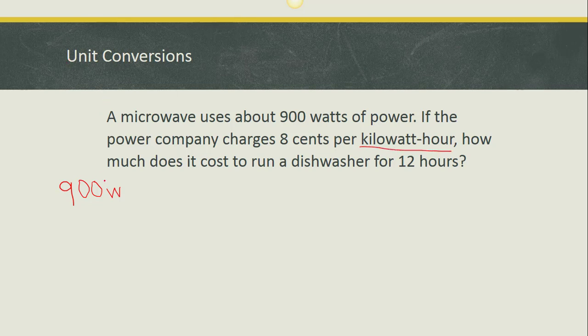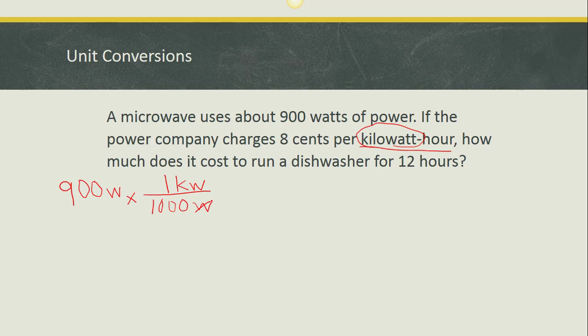So we know we need to change this watts into kilowatts somehow. So let's start with that step. I'm going to do times 1 kilowatt. Now the K, kilo, is 1,000, equals 1,000 watts.